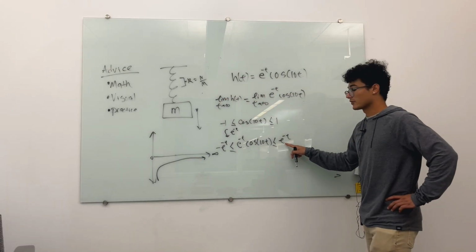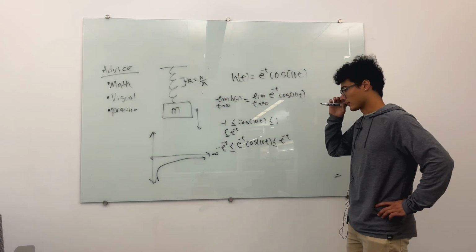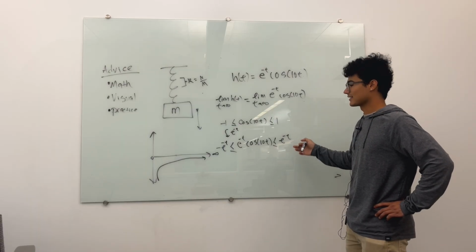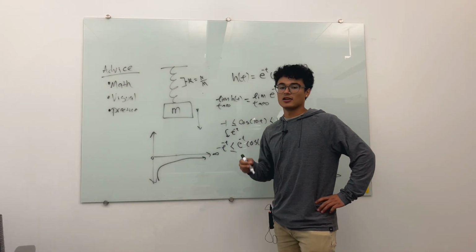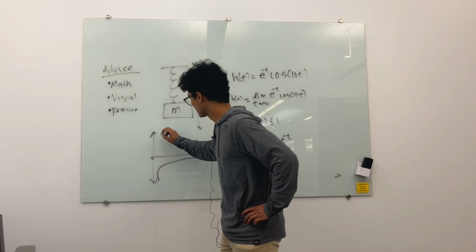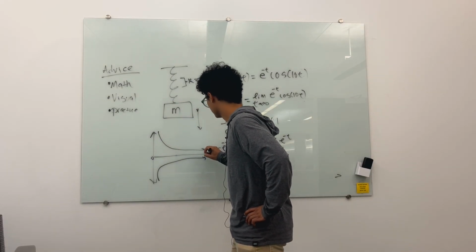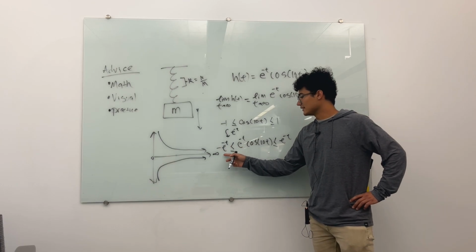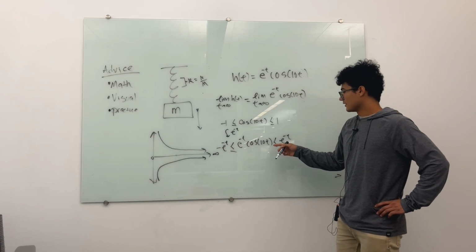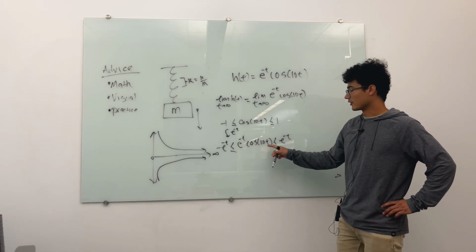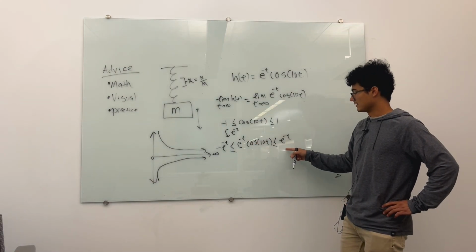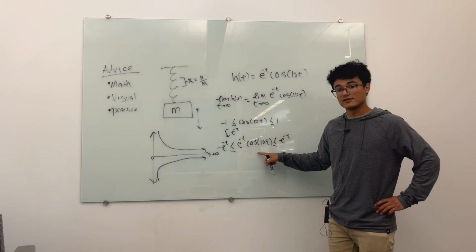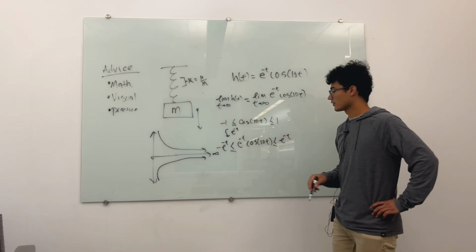And then the upper part of the function where it's being squeezed is e to the negative t, which is that exponential decay we saw earlier on. So it's going to look like this. And then we can say that negative e to the negative t is less than or equal to our function h of t, which is less than or equal to e to the negative t. We can say that h of t is in between these two functions.